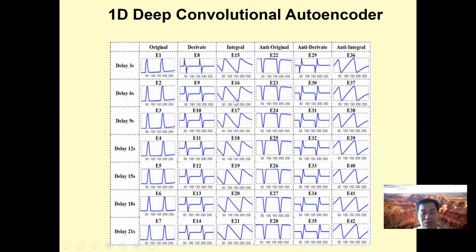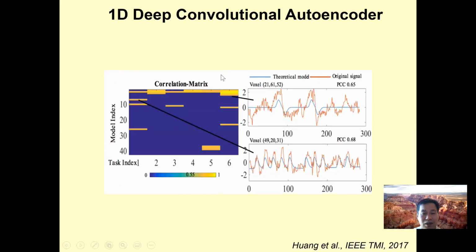So we have dozens of understandable or interpretable filters or time series that are closely related to the input, that is the task design. So the input to the brain, you are going to follow this task. Then we look at the correlation between these theoretical models of the input and the original time series.